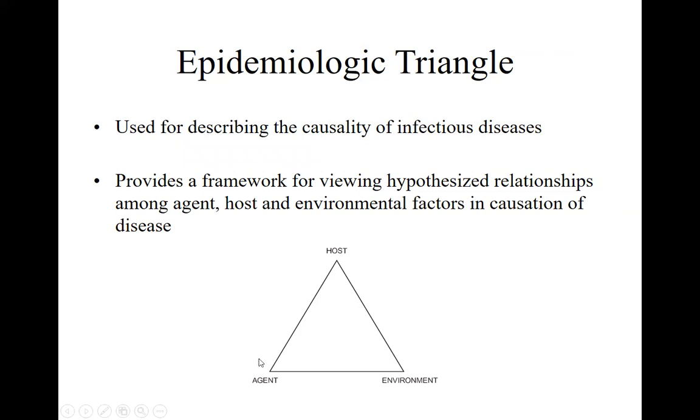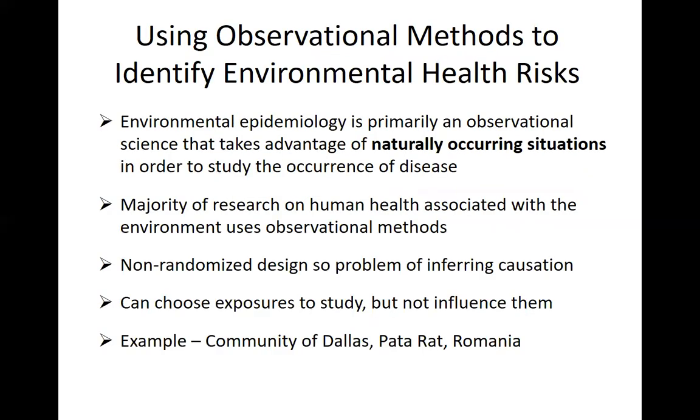And then the bottom left of the triangle is the agent, and that is the factor, such as a microorganism, chemical substance, or even a form of radiation, whose presence, excessive presence, or even absence is essential for the occurrence of disease. So this may be good for mapping out and providing a framework for different hypothesized relationships, and even with your risk assessment project, for example.